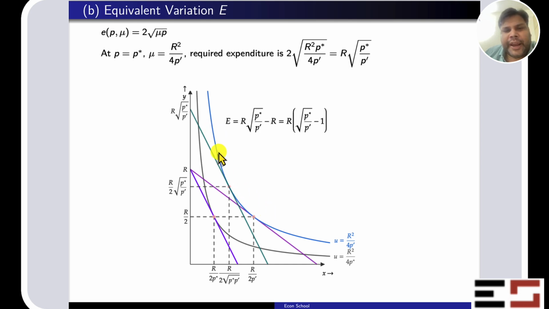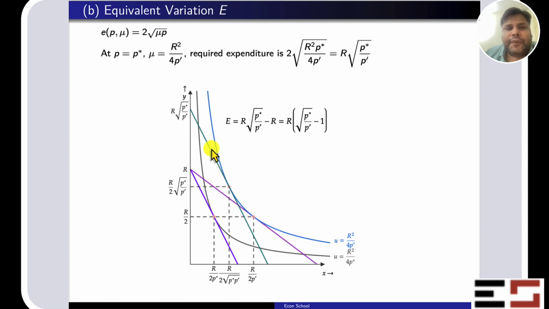So you have to solve this expenditure minimization problem, and you want to make sure that you achieve the level of satisfaction that you are achieving in this situation, where U is R square upon 4P prime. Okay, so you want to achieve this level of satisfaction, which is your new level of satisfaction, at the old prices.